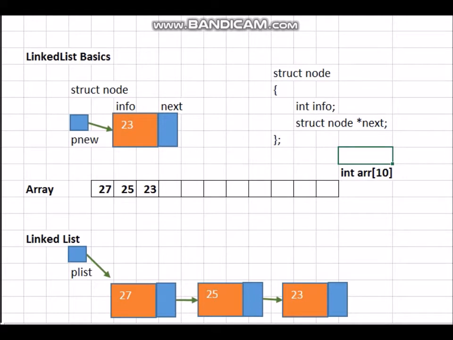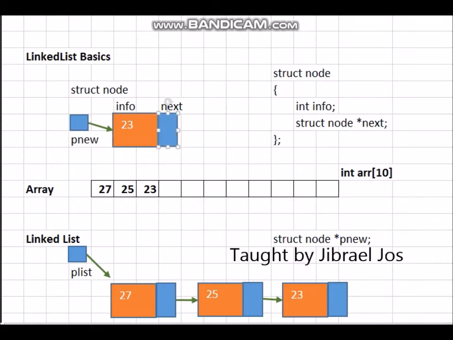After this, we need to declare a variable for the linked list, and we'll normally do it by saying struct node star pnew. Let's say a new variable pnew, which is a pointer to a struct node, as can be seen in this box here, a pointer to this box which contains 23 and the next pointer. And we also need one function which is included in the header file malloc.h, where malloc is the name of the function.